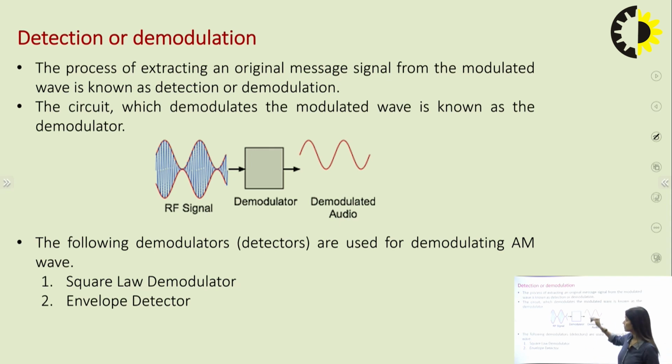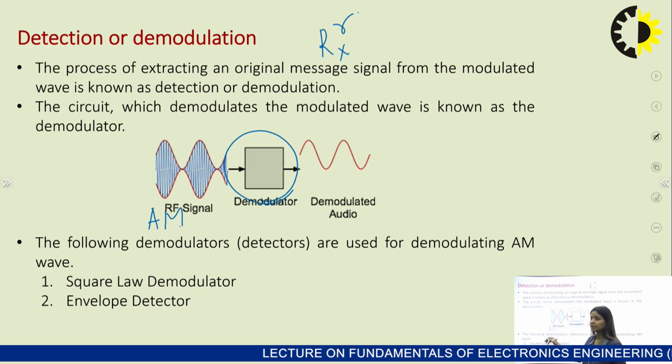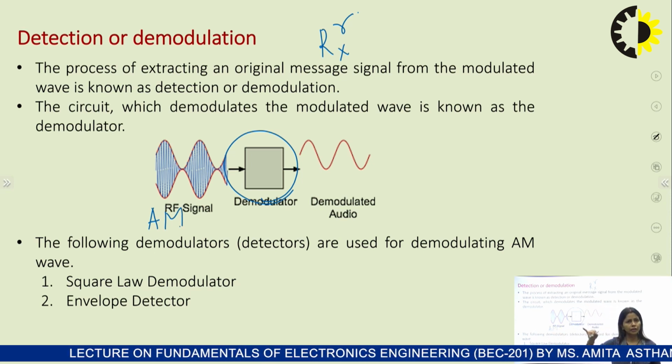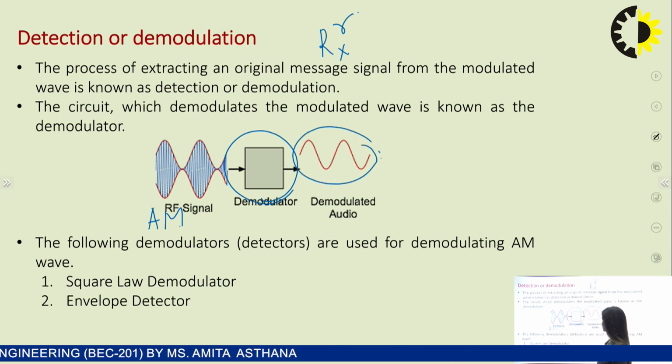So here this demodulation is done at the receiver part, okay, right? So at the receiver we will apply the demodulator circuit, and from this AM modulated wave, which has been sent at some radio frequency range, I have to extract my original message signal.